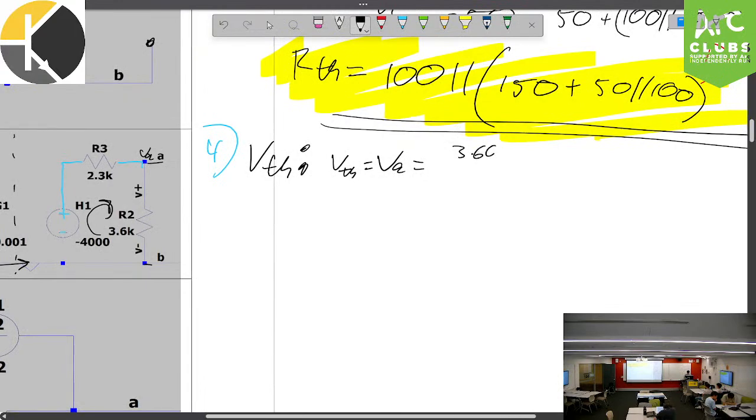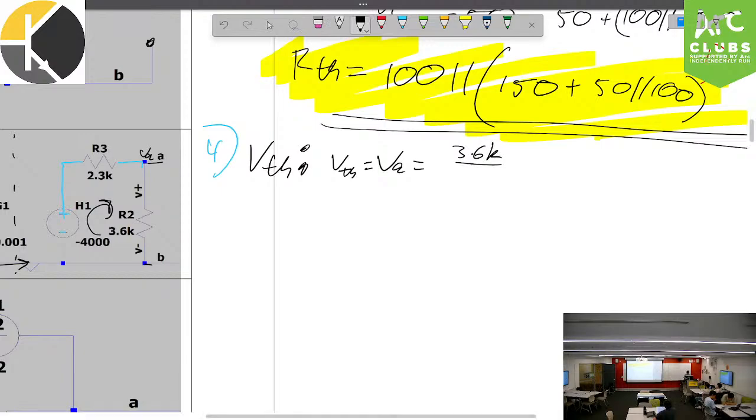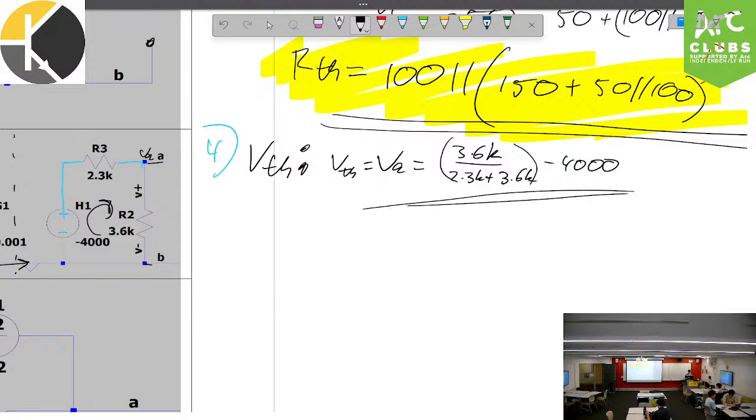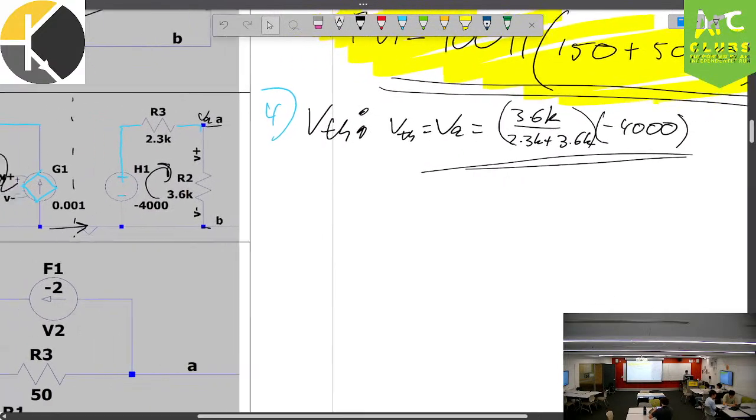So you get 3.6 K on the total, so 2.3 K plus 3.6 K multiplied by minus 4,000, right? Multiplied by minus 4,000, not just subtract 4,000, right? Okay, so that's V Thevenin.